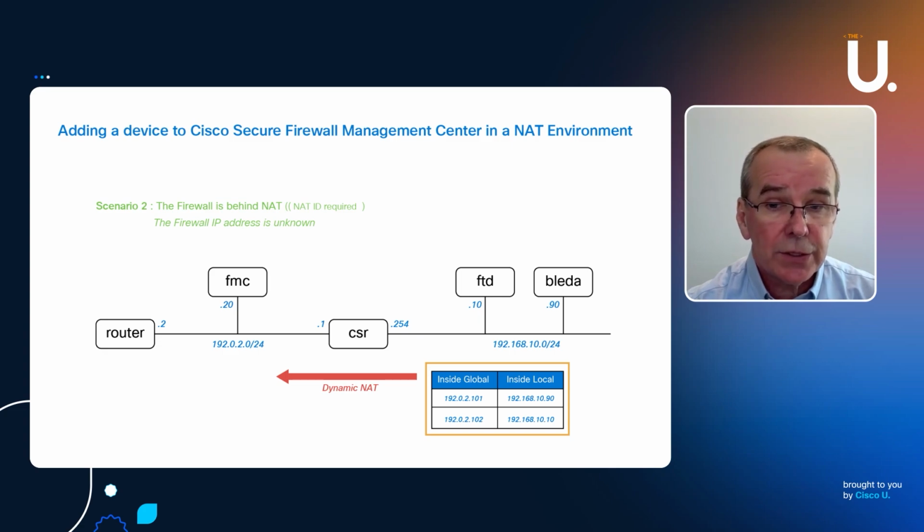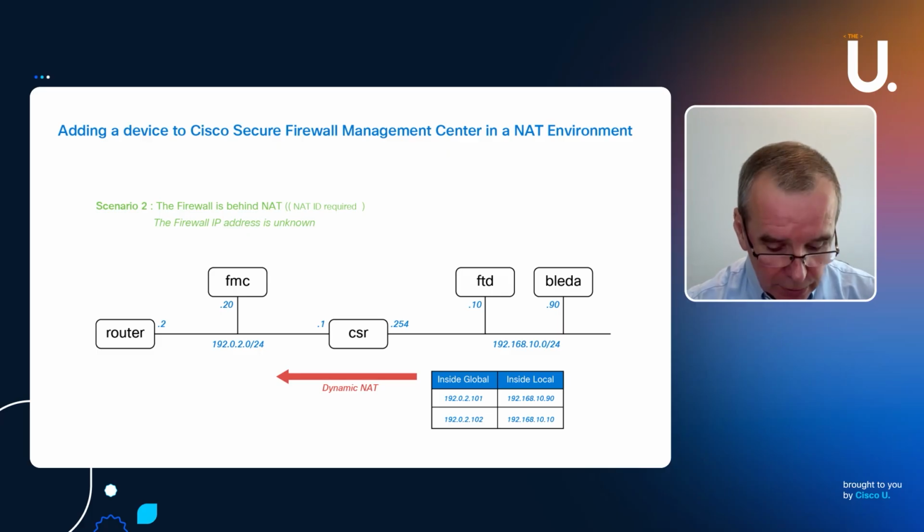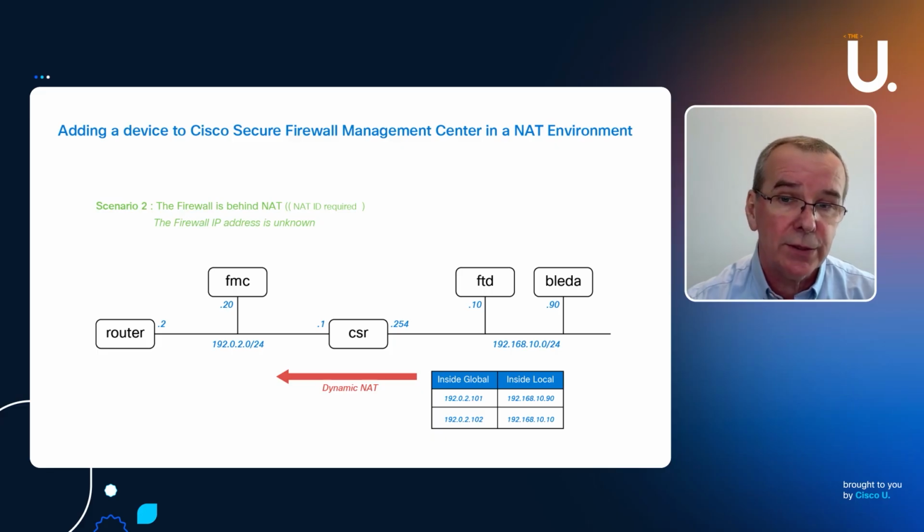And an outgoing connection from the firewall address 192.168.10.10 might get mapped to the address 192.0.2.102.